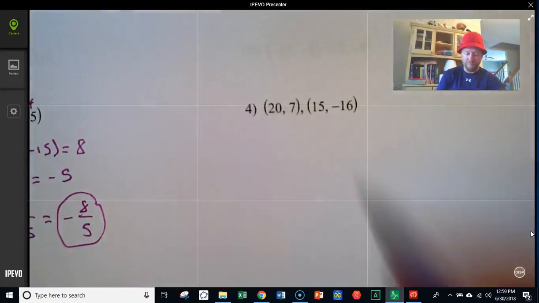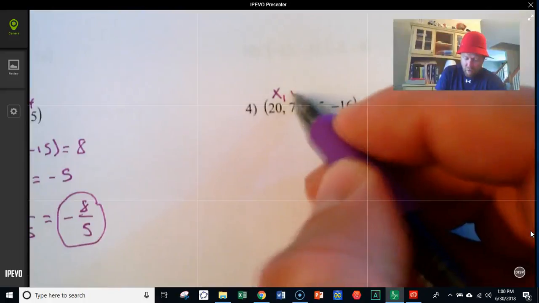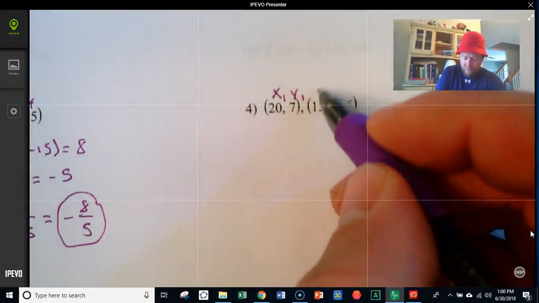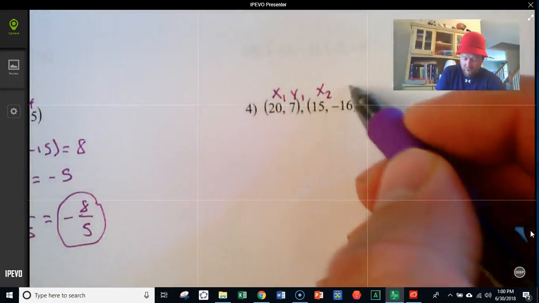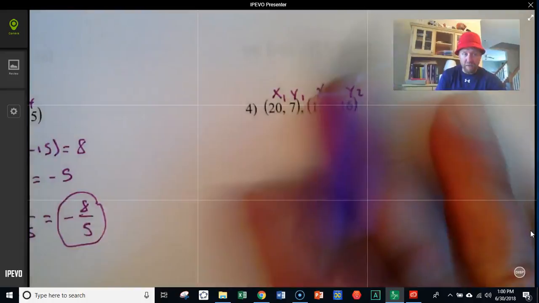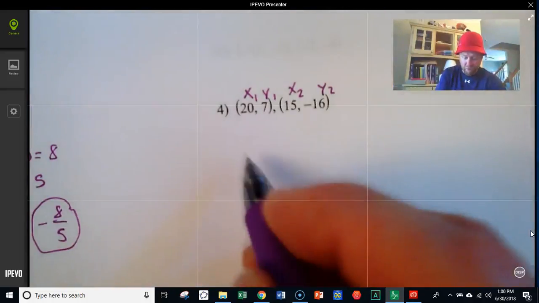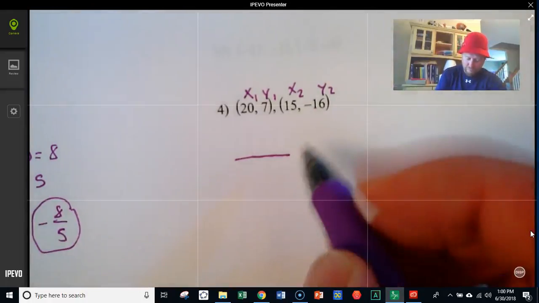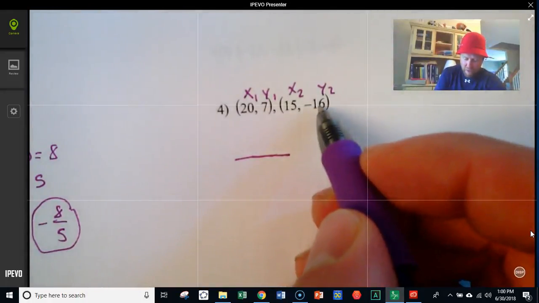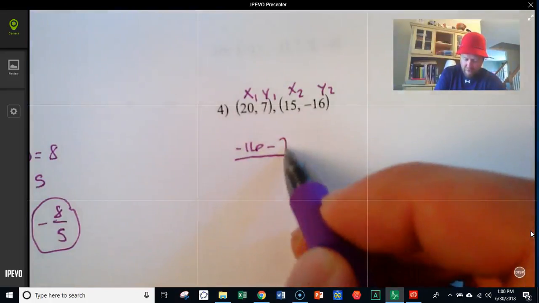Now some people use a little bit of a shortcut here, which is perfectly alright. I'll show you that. They call this x1 and y1, and x2 and y2, and they just start out with this whole fraction. I'm going to go negative 16 minus 7.